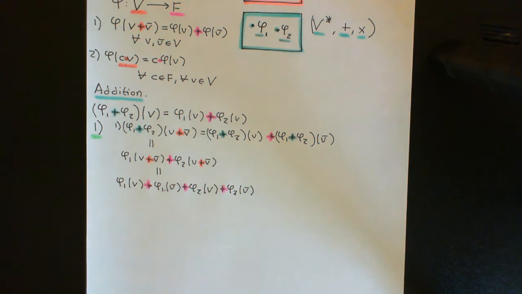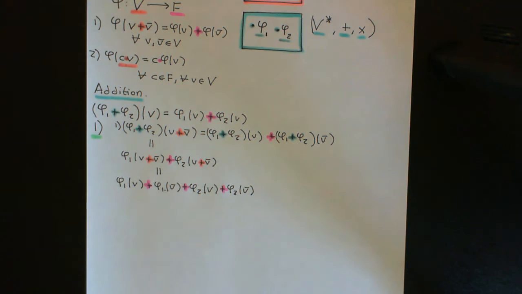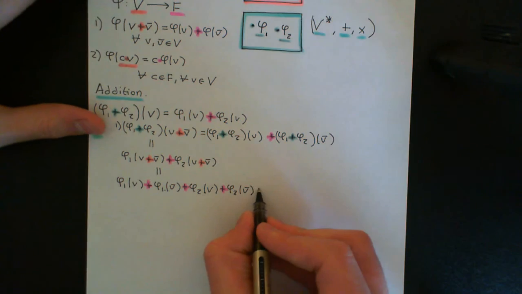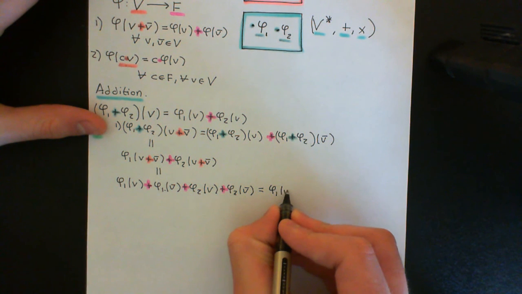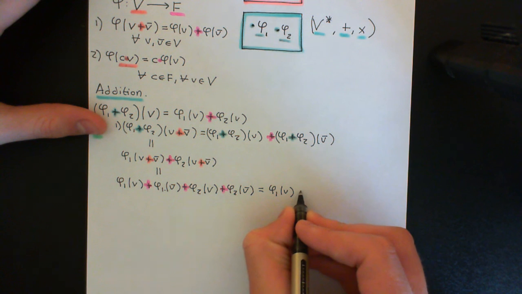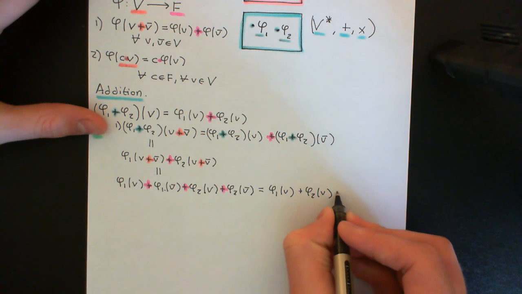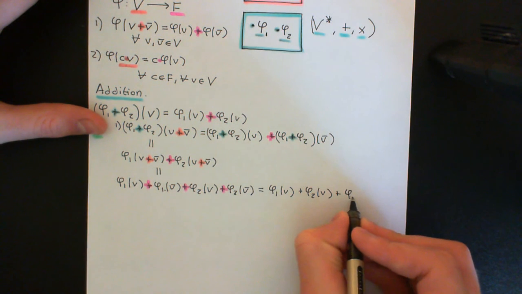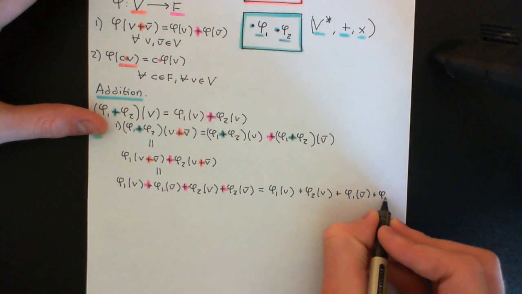Okay, and the reason I can do this is I can apply now commutativity to this. So addition in the field will obey commutativity. Okay, so what I can do is reorder this. So this will become phi1 of v, okay, plus phi2 of v, and then we'll also have plus phi1 of v bar plus phi2 of v bar.